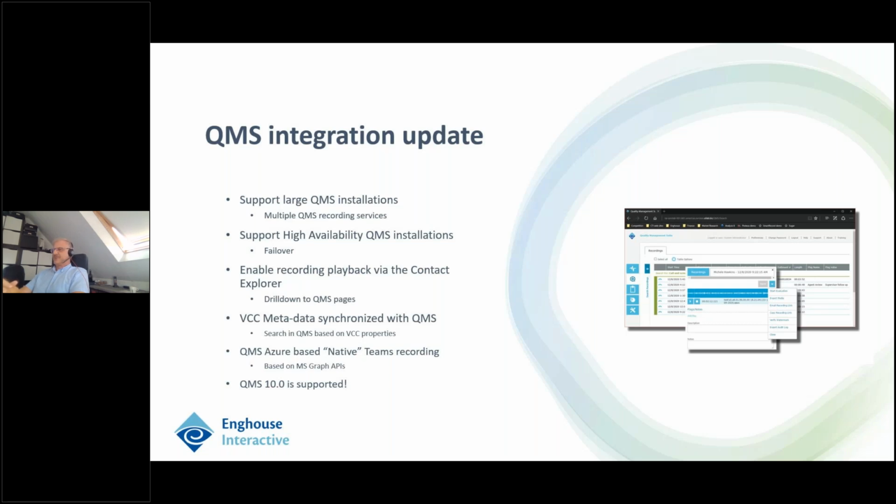So that's now possible, and the way that we did it is that you can use the Contact Explorer as you always do, and if you drill down to one particular contact, there is a link via which you can access the QMS playback page, and you can listen into what was said during the conversation.